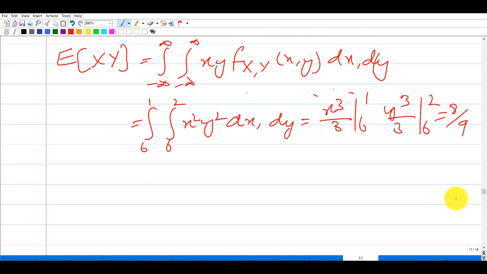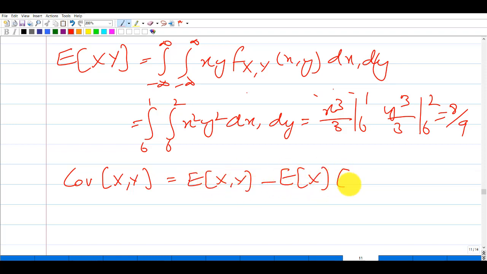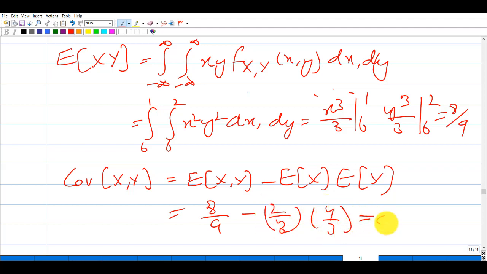So covariance will be this correlation minus expected value of x times expected value of y. So this is 8 over 9 minus 2 over 3 into 4 over 3, which is 0.